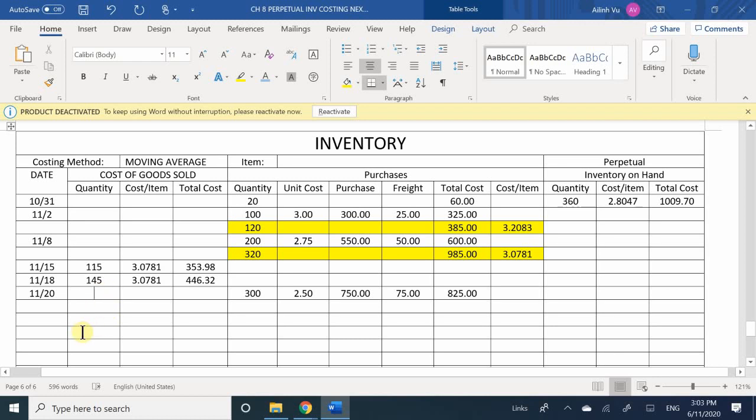So 175. Okay, so we need to go here. On the 25th of November, we sold 175, and this time it's for $2.8047. All right, let's calculate this now.